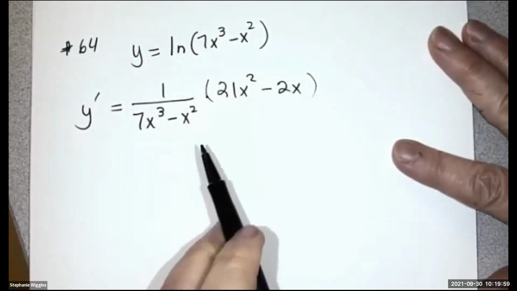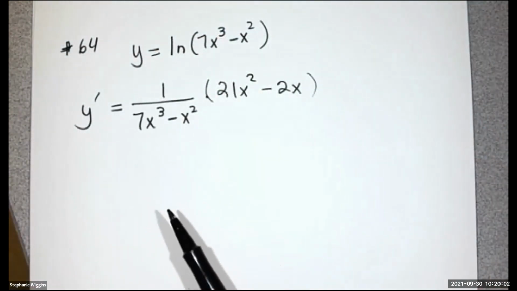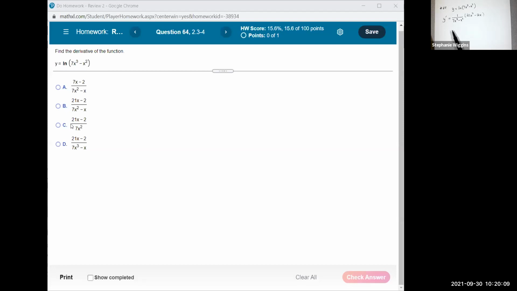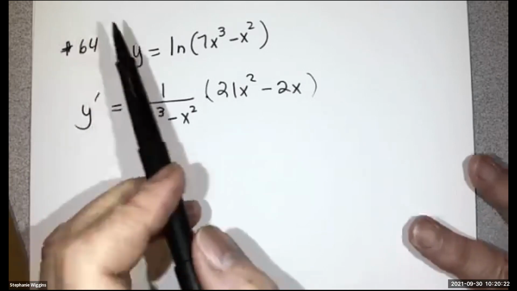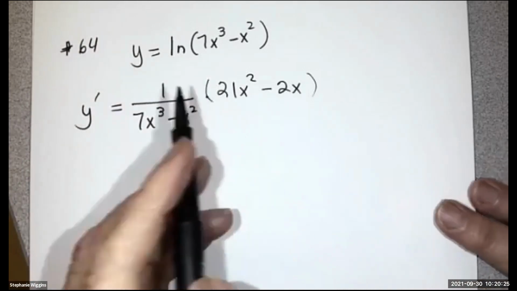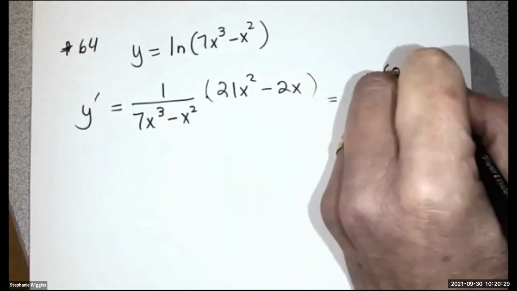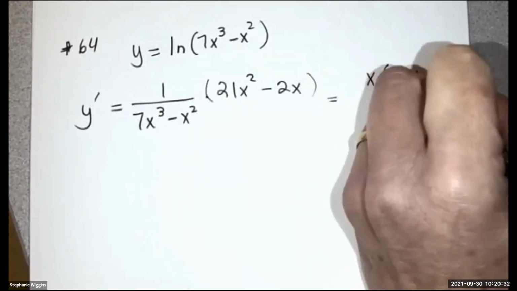And so looking at your choices here, you have 21x squared minus 2x. They must have, oh, I think they factored out an x. So, yeah, let me just show you what they did. They did some algebra there. So you can see this has a common factor of x. So I can write this as x times 21x minus 2.